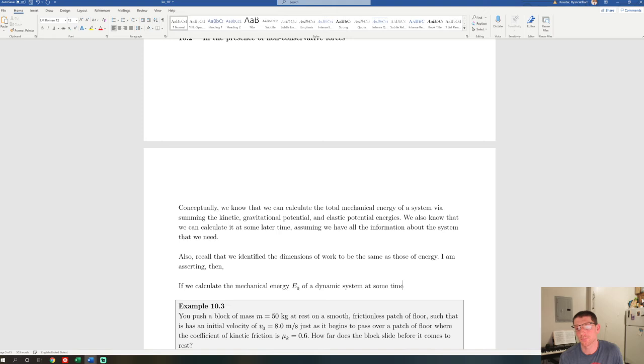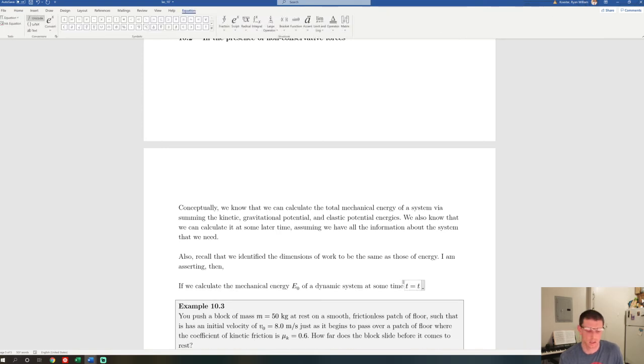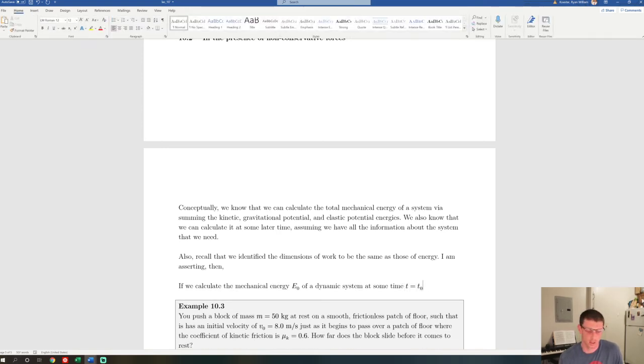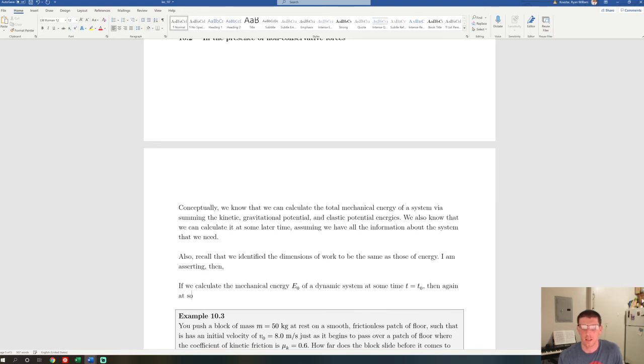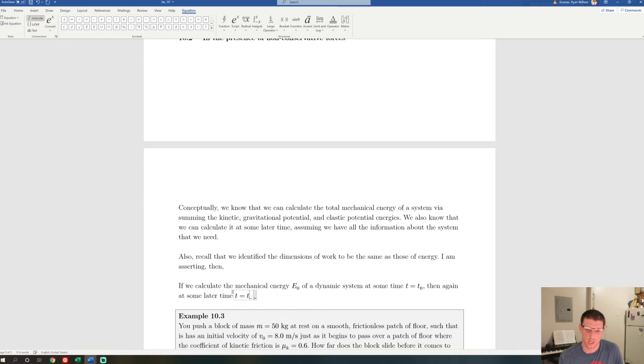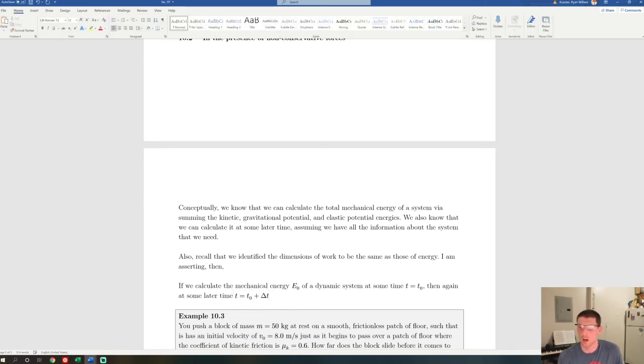At some time, t equals t naught. Then again, at some later time, t equals t naught plus delta t to obtain E, right, the mechanical energy at that later time.